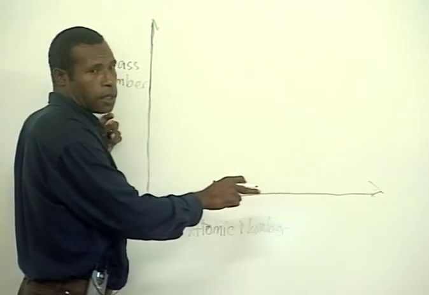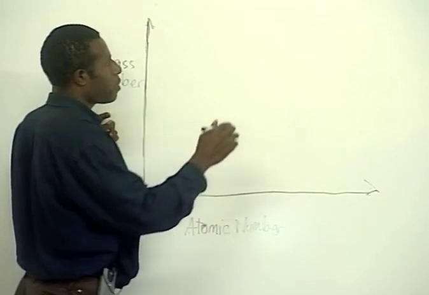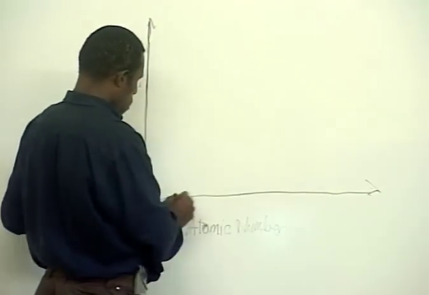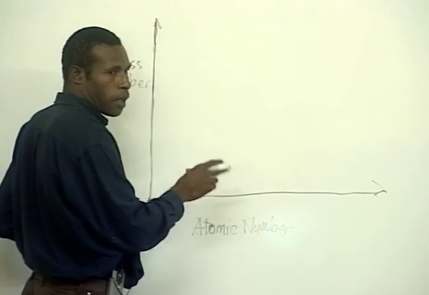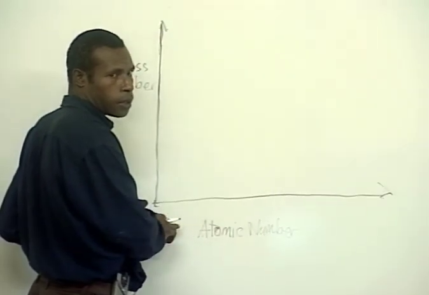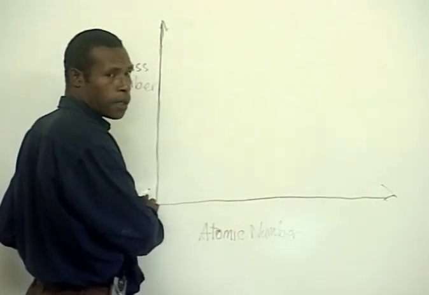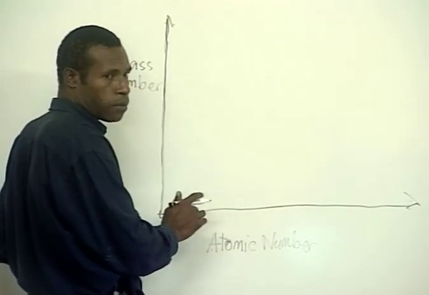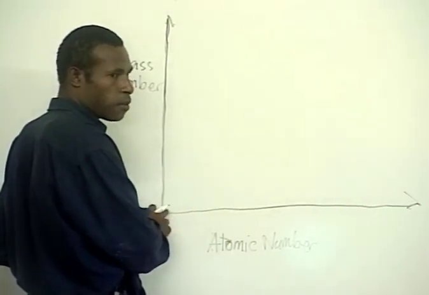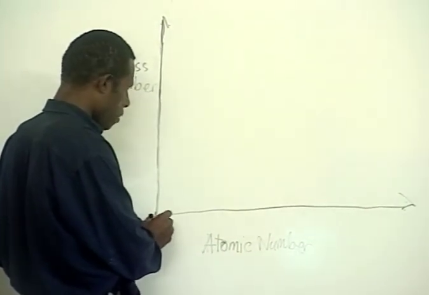Let's say the first example given is the uranium series. You look at those elements and find out which will have the lowest atomic number, and you start from there, and which will have the lowest mass number. For uranium, it might come to lead.